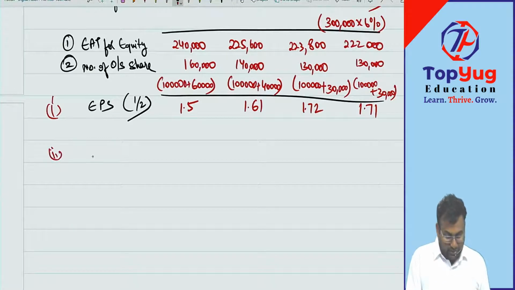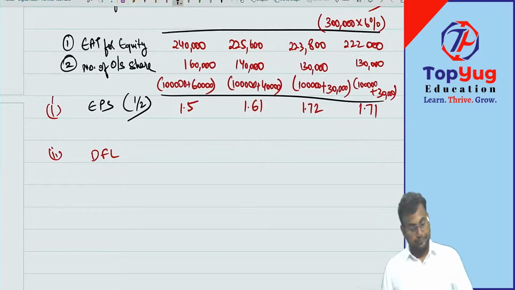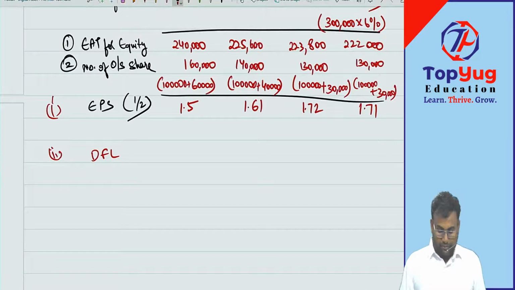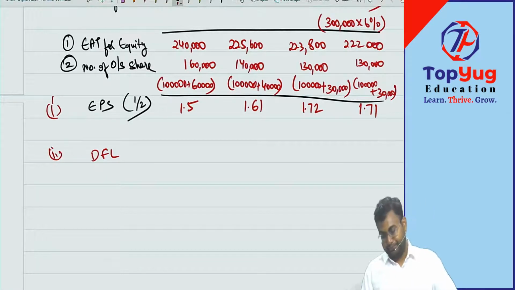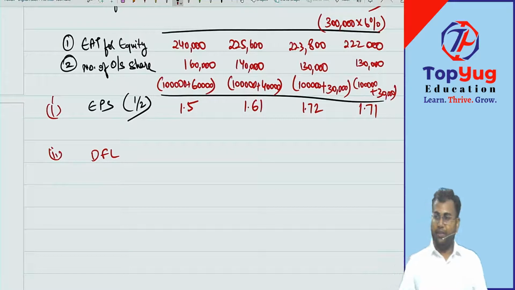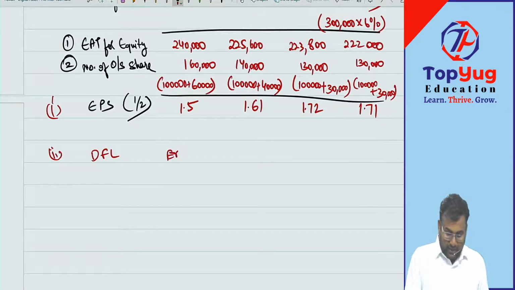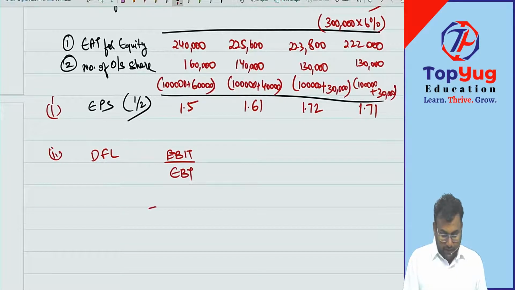Then degree of financial leverage. So how much is degree of financial leverage in the first one? It is pretty simple. No interest at all. No interest, nothing, right? So it would be what? EBIT by EBT. That is same.